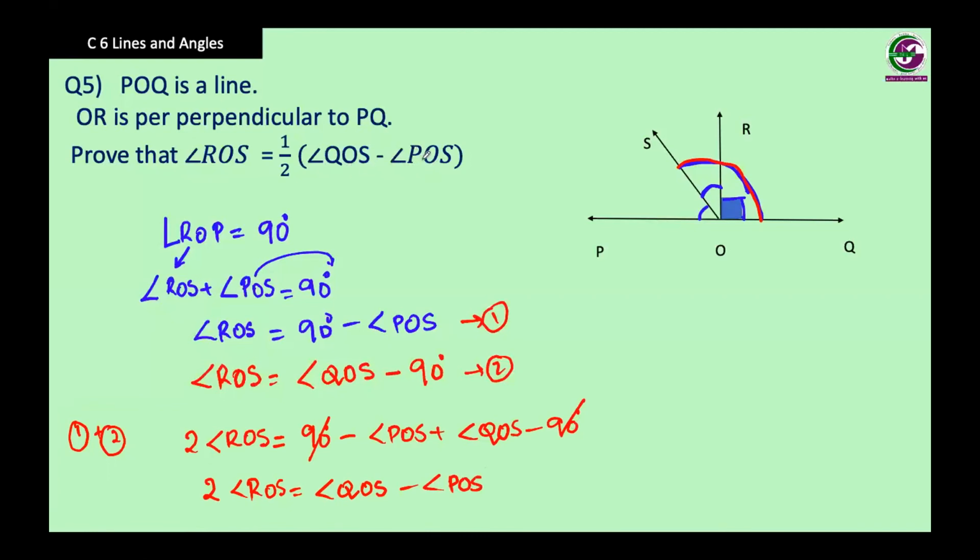This is what we want. Now we want to remove 2 from the left side, so divide by 2 on both the sides. But when you divide, it should be divided for both the angles. So our final answer is angle ROS is equal to half of angle QOS minus angle POS.